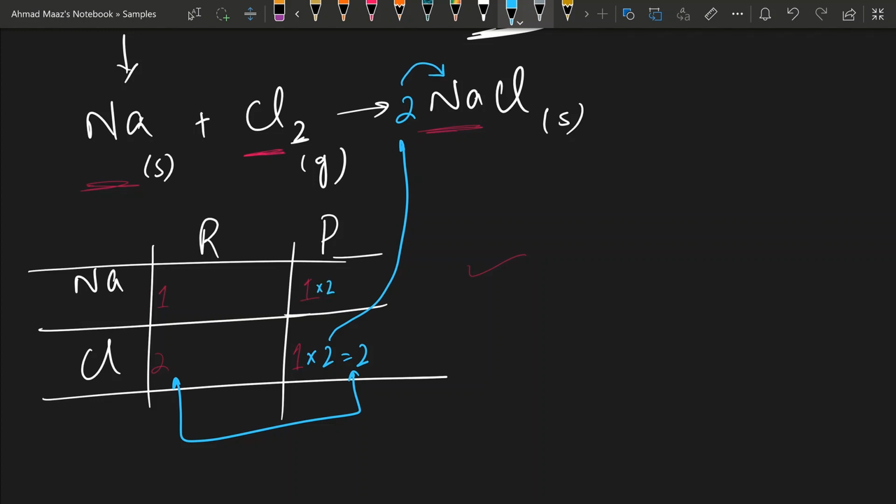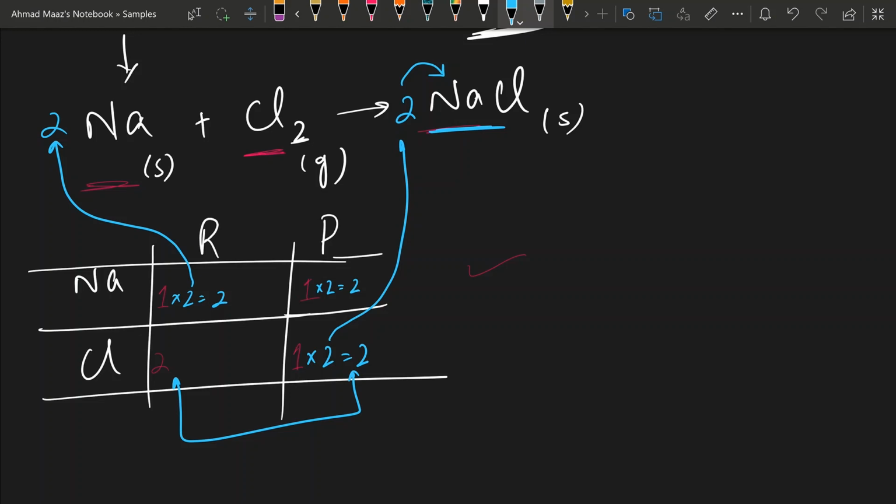It has also impacted sodium on the product side. We have a total of 2 sodiums on the product side now. So what do we do? We need to change the number of sodiums on the reactant side as well. How do we do that? Same. Multiply this by 2 as well. Now because you have multiplied this by 2, you need to add this 2 over here.